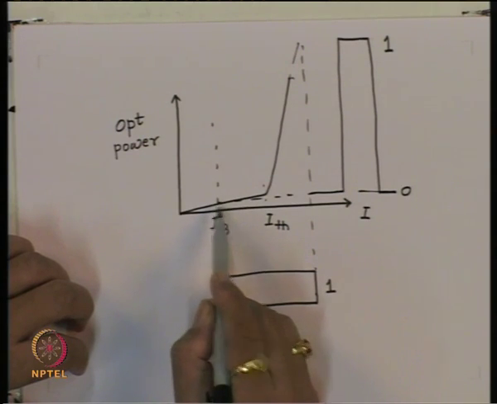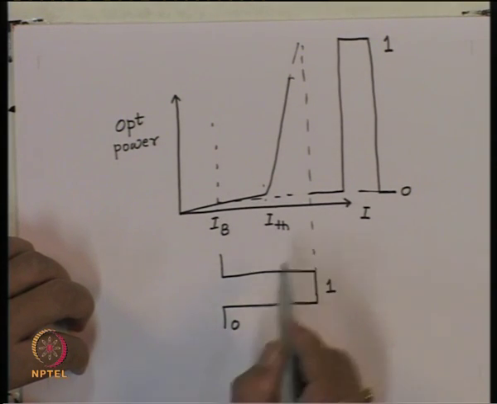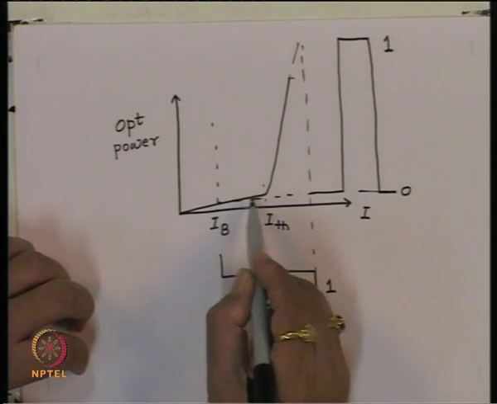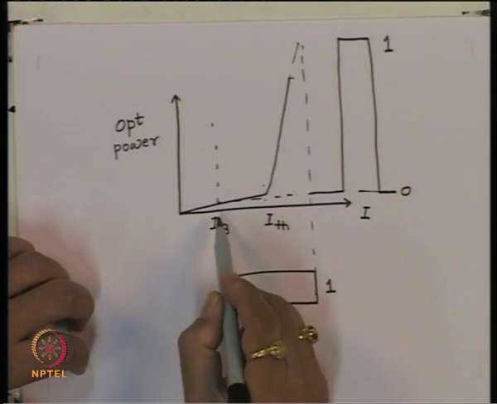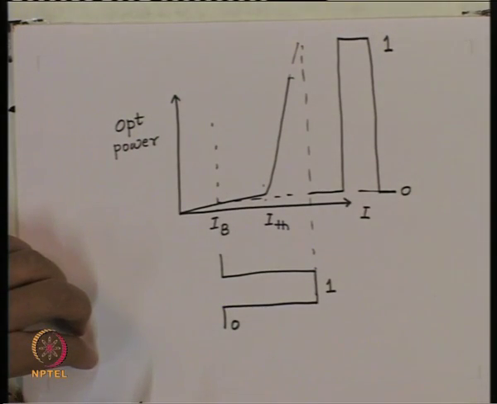this current is not the same as the threshold current, when this one signal comes, it requires certain time to first build the population inversion up to this value, and beyond that only the device can go into lasing action.